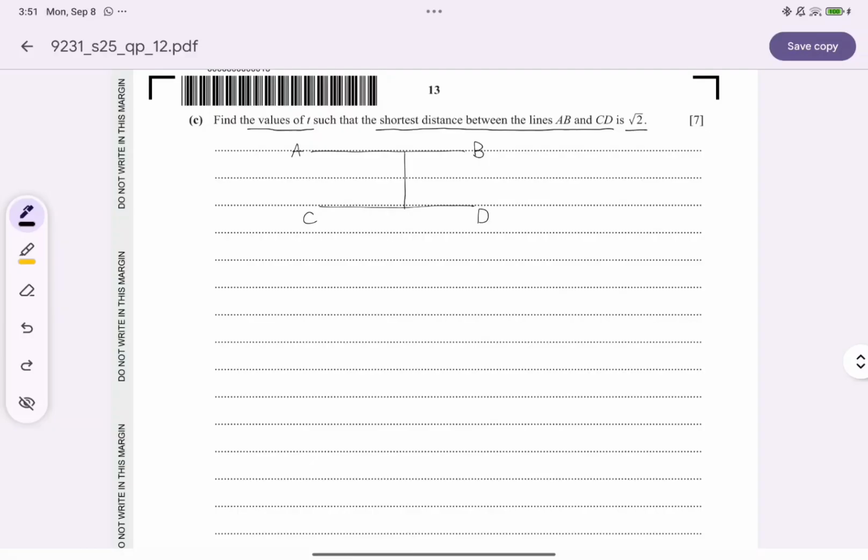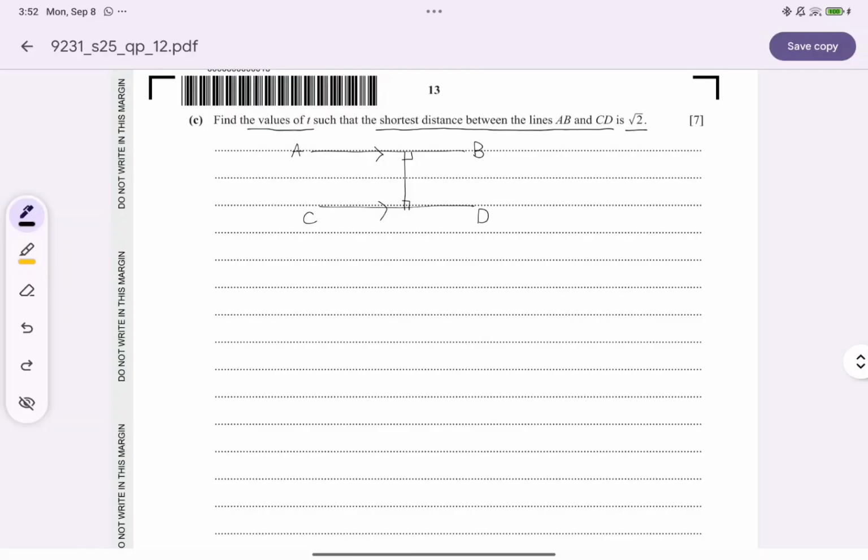The shortest distance would be this, and this line would be perpendicular to both AB and CD. So this would definitely be a common perpendicular between them. To find the direction vector of this, we have to take the vector product of AB and CD.